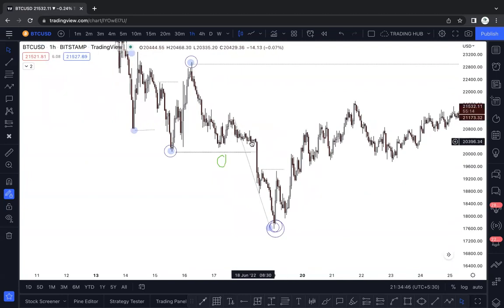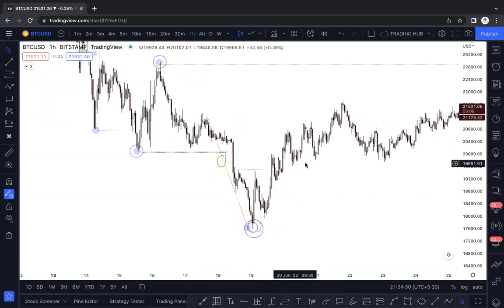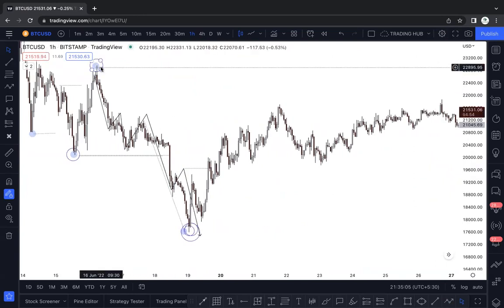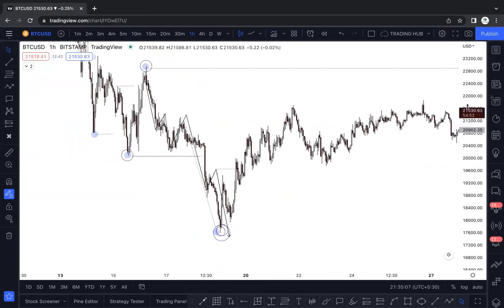In the 4 hour, it is not closed below it. That's why this is an internal structure between this high and low. Look here. This is the internal structure for this high and low. If market breaks this low, correct, then this low is confirmed until this high, because market is still bearish.